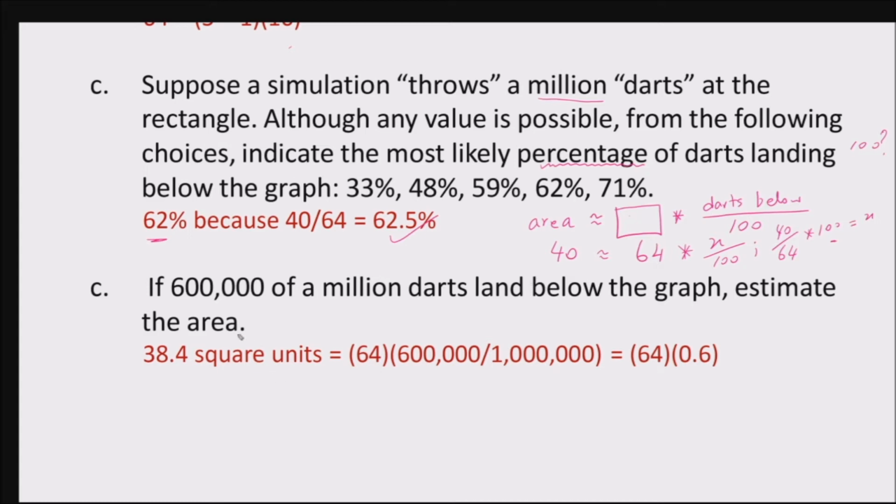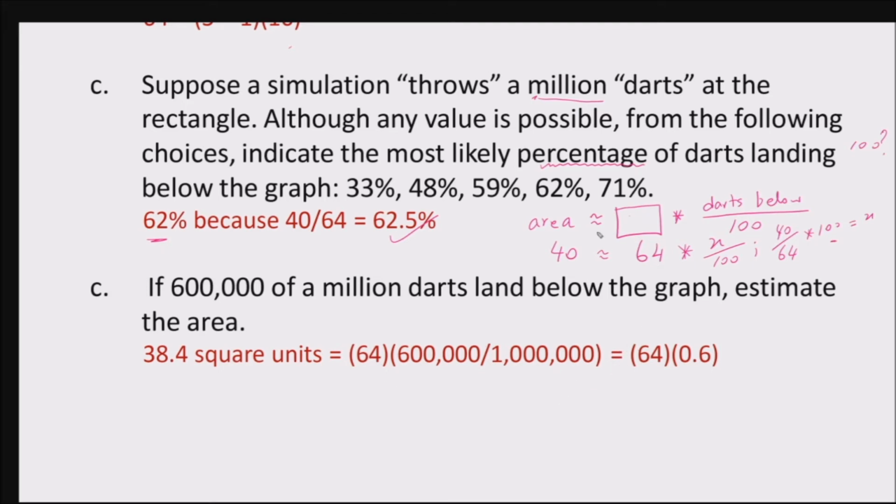Okay, the other one is asking: if 600,000 of a million darts land below the graph, estimate the area. This is where the million comes in, and it's just deceiving. It's very straightforward.